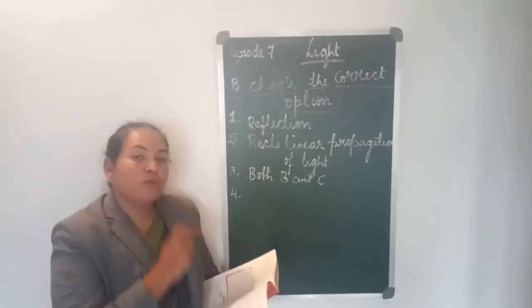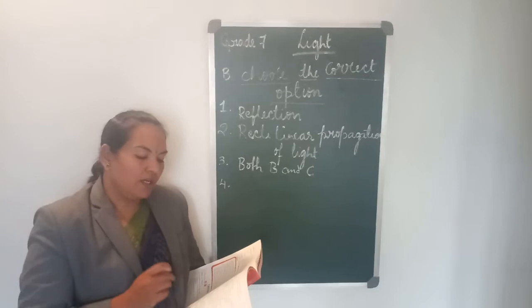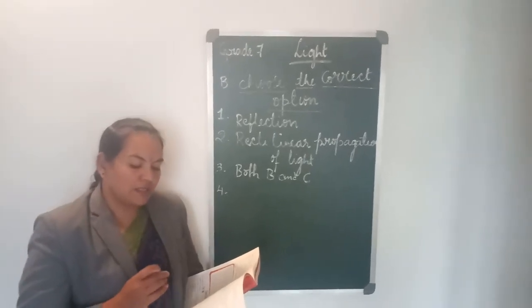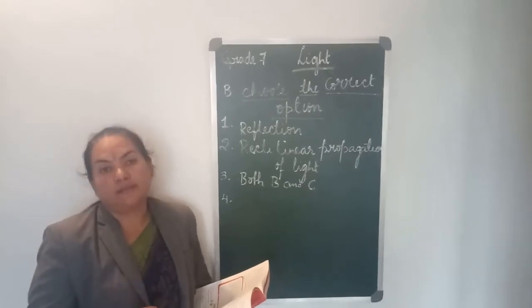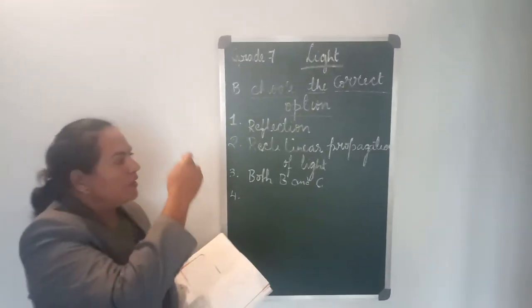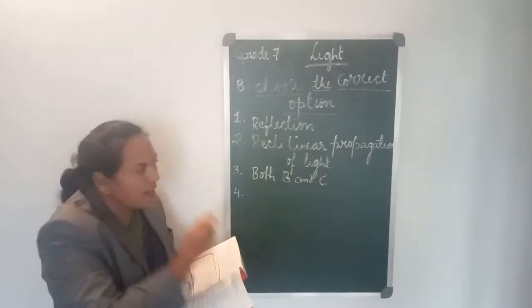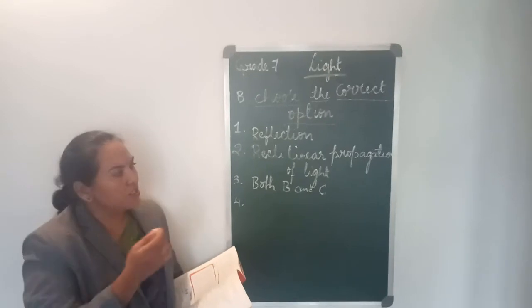Now let us move to the fourth question, children. Which of the following are the characteristics of the image formed by the plane mirror? Now, in order to find out the answer, you can imagine when you stand in front of the mirror, what type of image is formed?